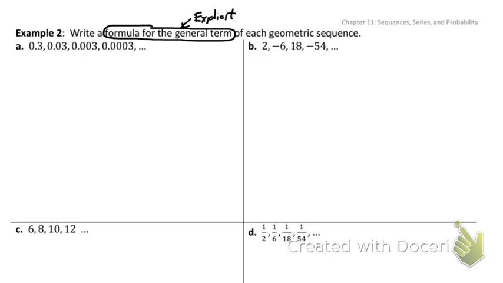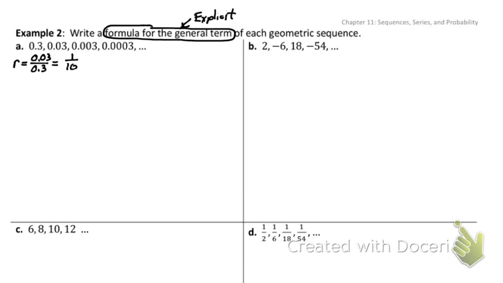Well, I'm looking at this one, and it's definitely not arithmetic. If you just look, there's not a number I can subtract that does this. If we look for our r value by doing our second term divided by our first term, we're going to realize that comes out to 0.1 or 1/10.